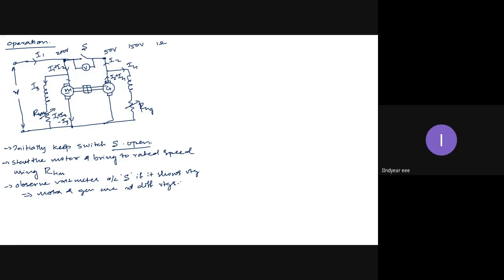The same process you will follow even in the synchronization of your alternator to the bus bar. You did the same thing. Until my incoming generator voltage was equal to the infinite bus bar voltage, I never closed the synchronizing switch. There you checked four conditions: the frequency should be the same, voltage should be the same, phase and phase sequence should be the same.